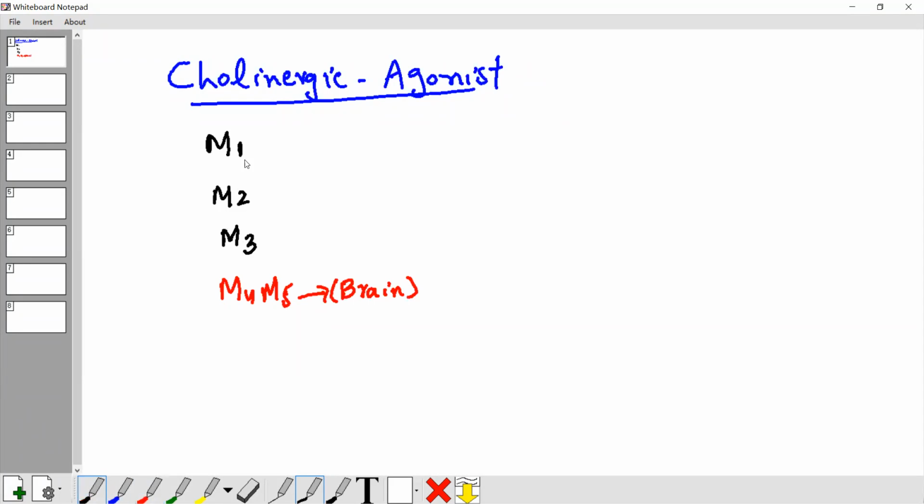Okay. M1 receptor. M1 receptor, they link with the protein GQ. M3 receptor linked with protein GQ, and M2 receptor they attach with one protein GI.